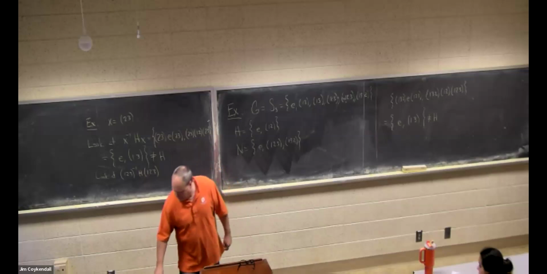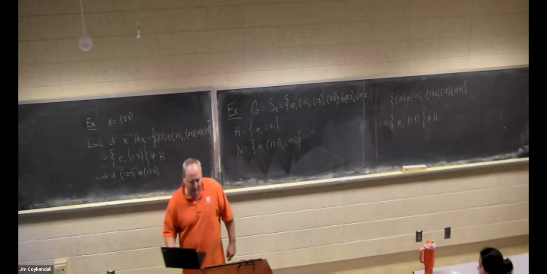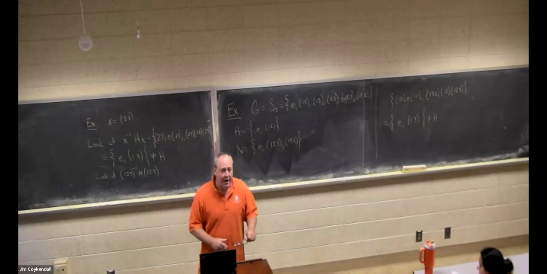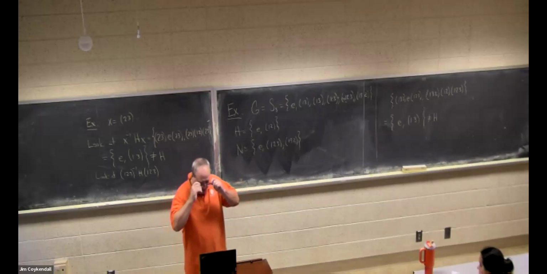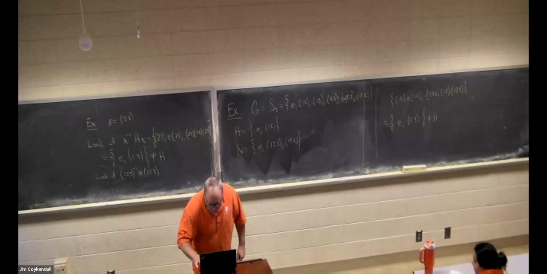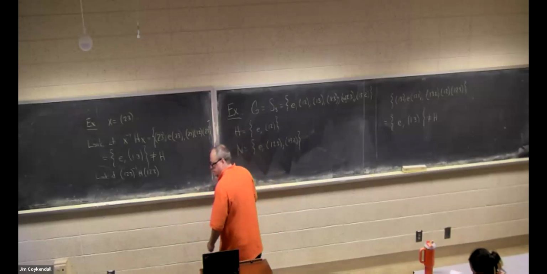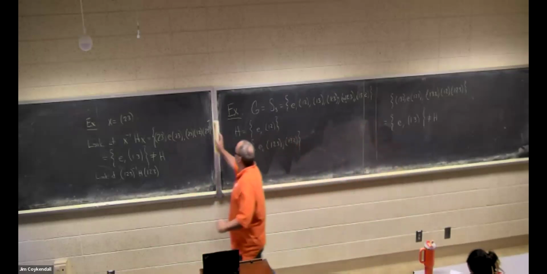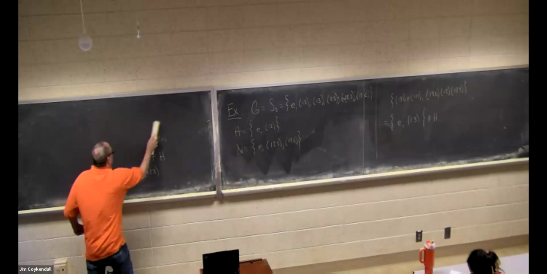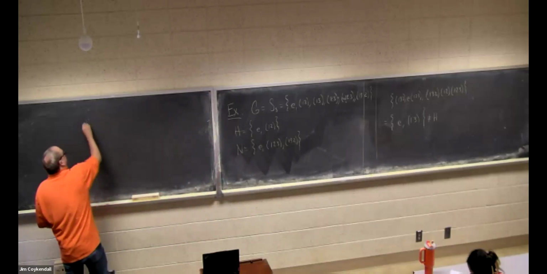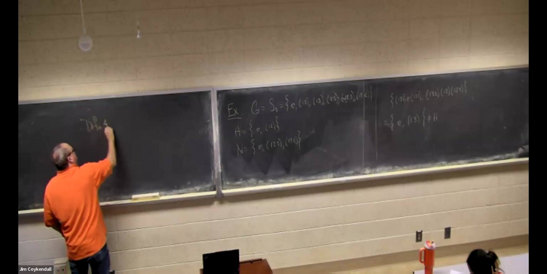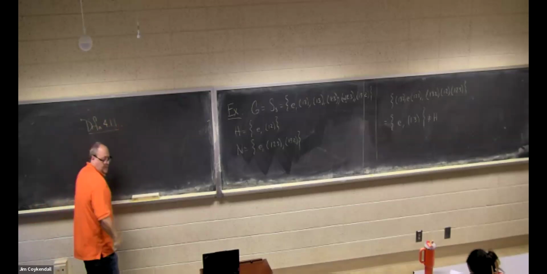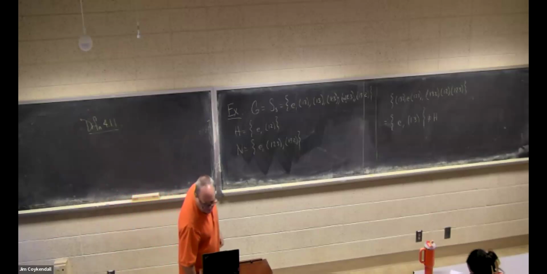So this inspires the following definition, and it turns out that this concept of whether or not this happens is very important. Definition. Let's suppose that G is a group and N is a subgroup.